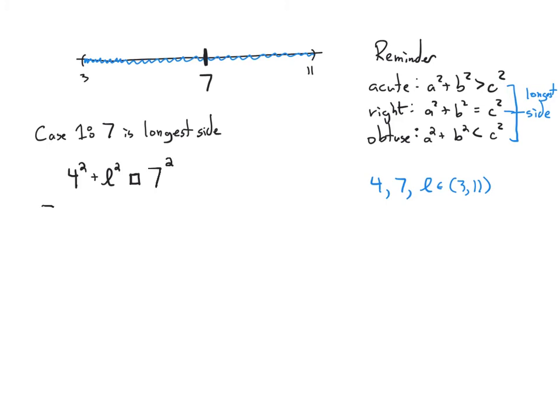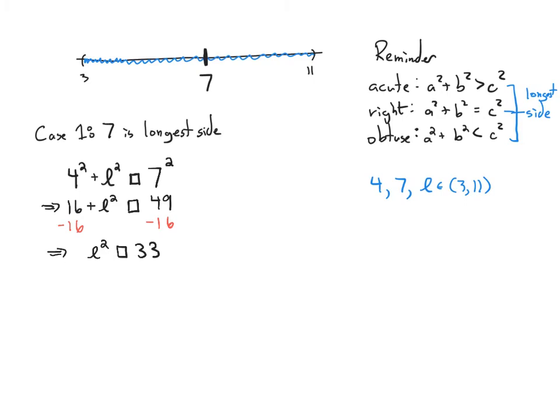So this is 16 plus L squared. We're comparing, again, either greater than, less than, or equal to 7 squared, which is 49. So let's subtract 16 from both sides of this potential inequality. And we get that L squared is being compared to 49 minus 16, which is 33.